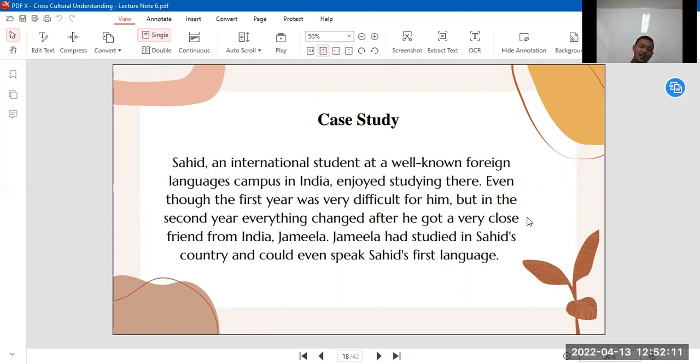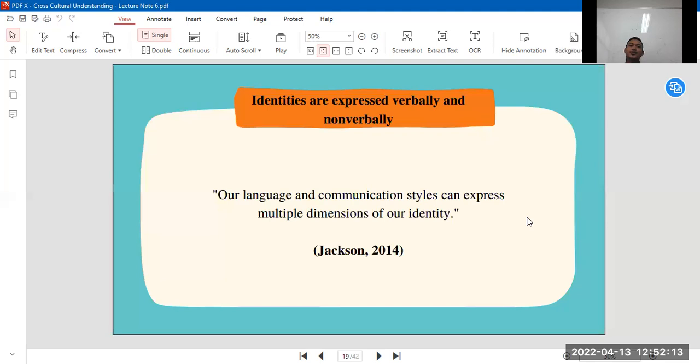And actually we also express ourselves through a variety of nonverbal messages. For example, our appearance. Let's say our clothes, our jewelry, our tattoos, our posture, our hairstyle. Those communicate aspects about our identities that we wish to convey to others.